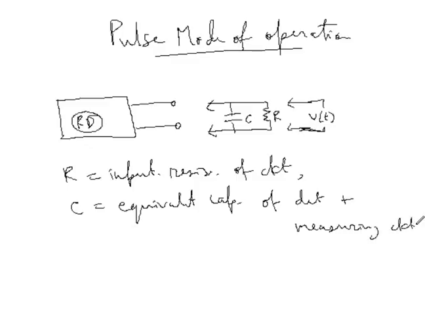Say for example, if a preamplifier is attached to the detector, then R is the input resistance and C is the sum capacitance of the detector, the cable used to connect the detector to the preamplifier, and also the input capacitance of the preamplifier itself.